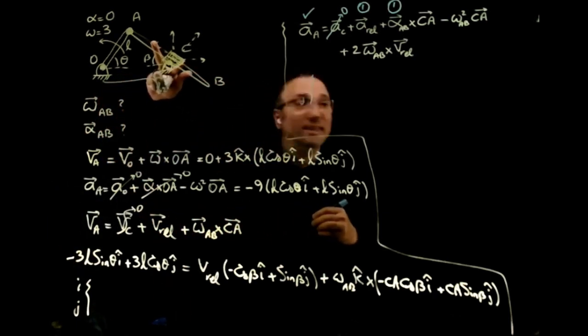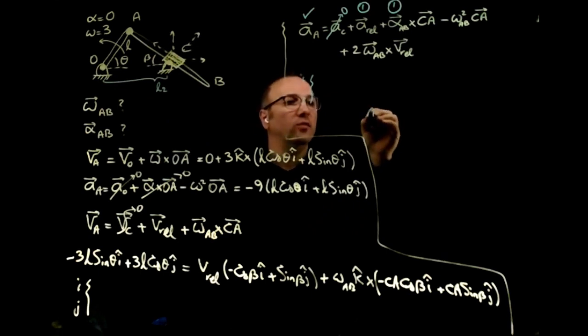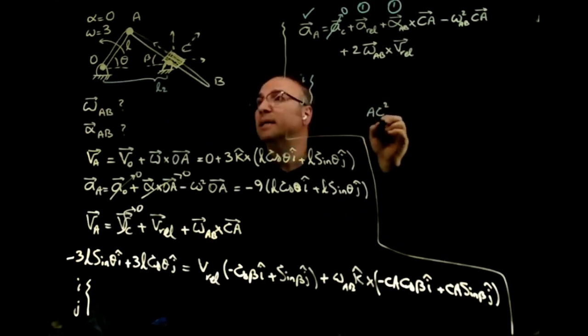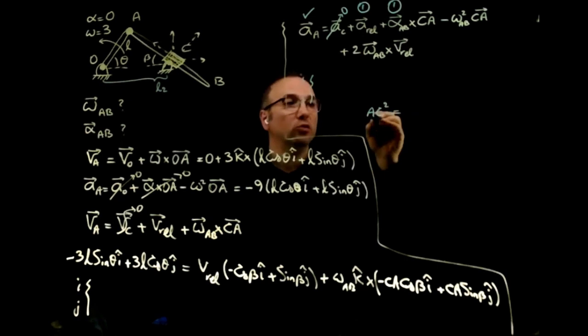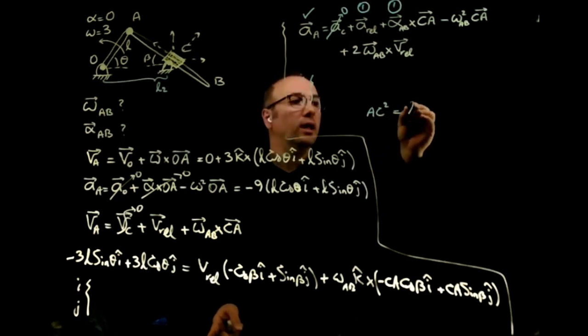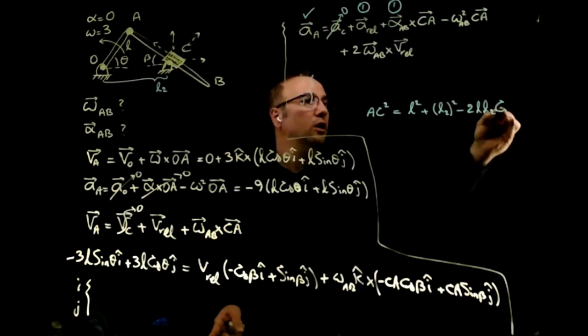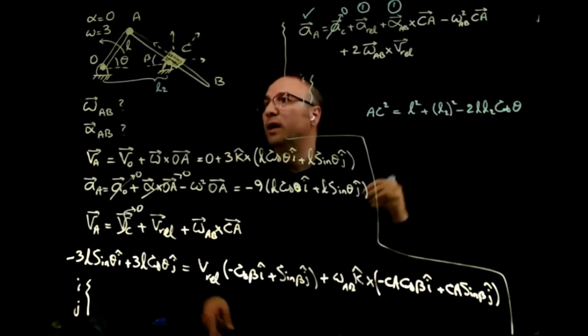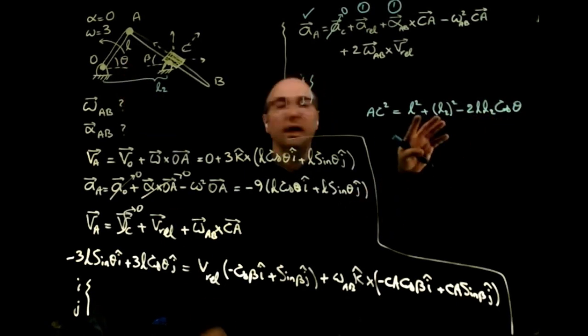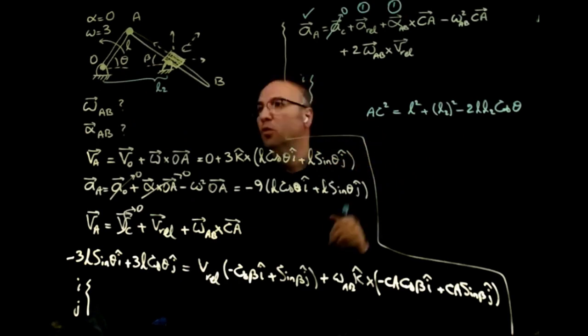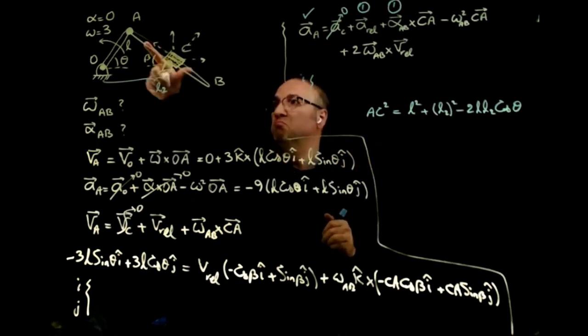Then I know at this instant, the magnitude of AC squared equals L squared plus L2 squared minus 2 L L2 cosine theta. So at this moment that we know theta and L2 are given, we can find AC.